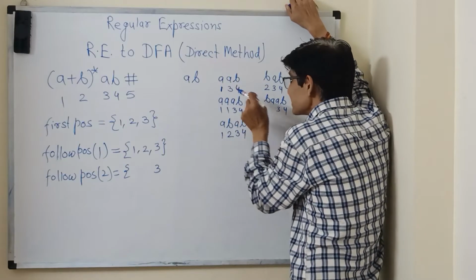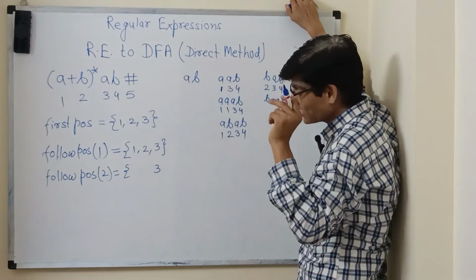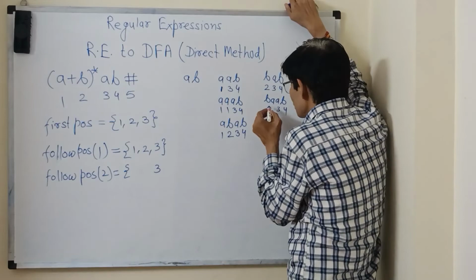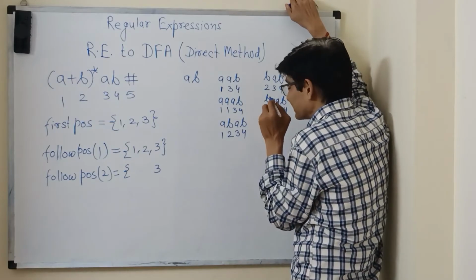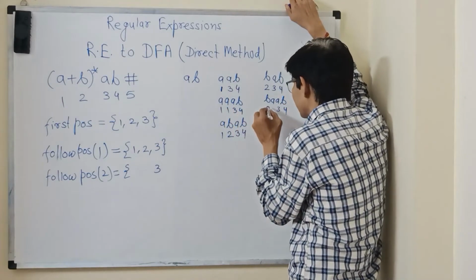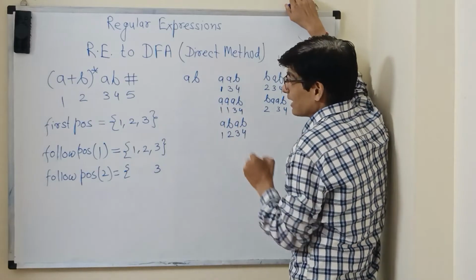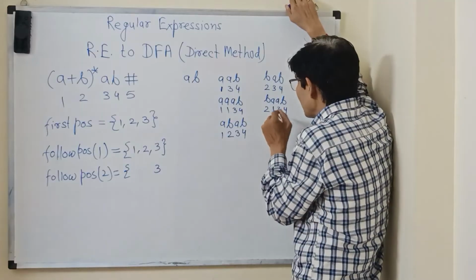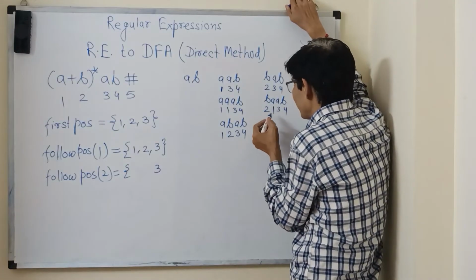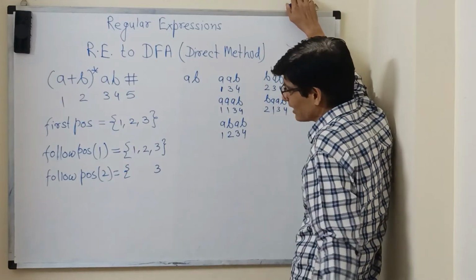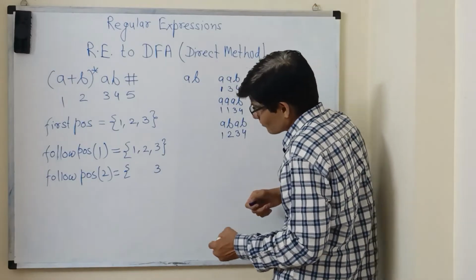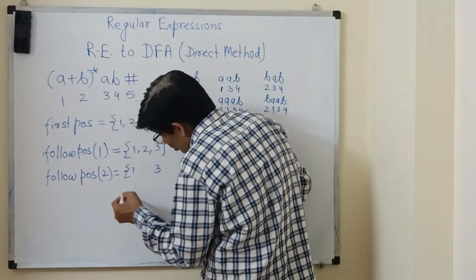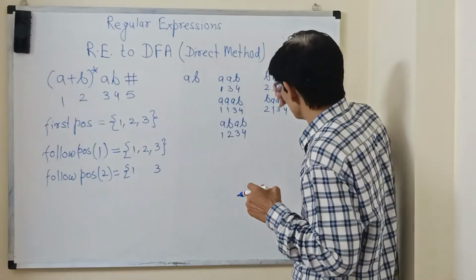Now this BA is coming from the Kleene closure. The number assigned to B inside the Kleene closure is 2, and the number assigned to A inside the Kleene closure is 1. So in this case you can see, my friend, 2 is followed by 1. So we can include 1 in the follow of 2.